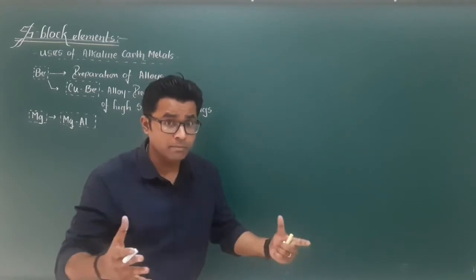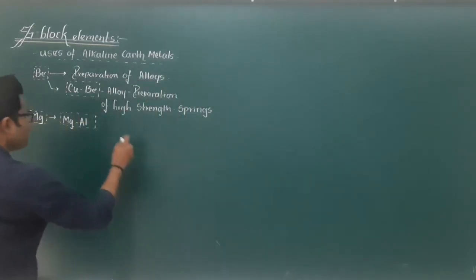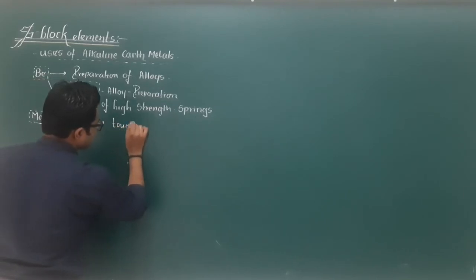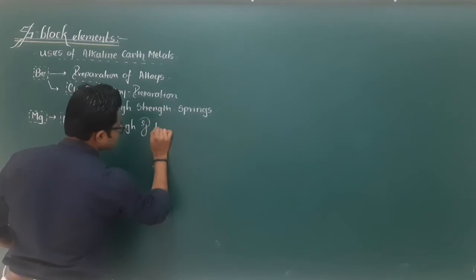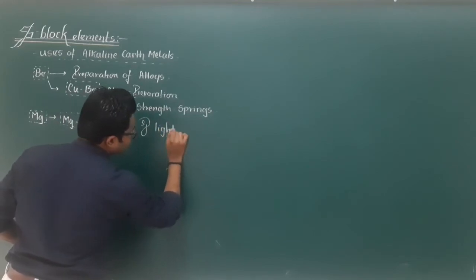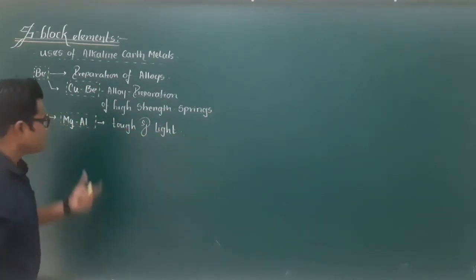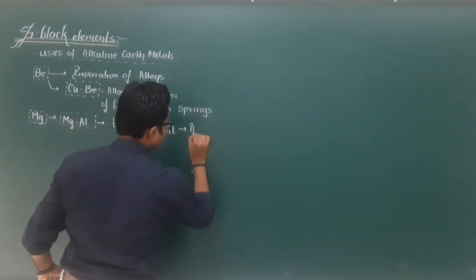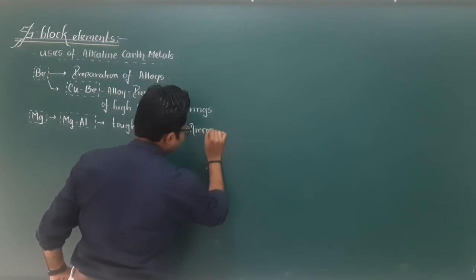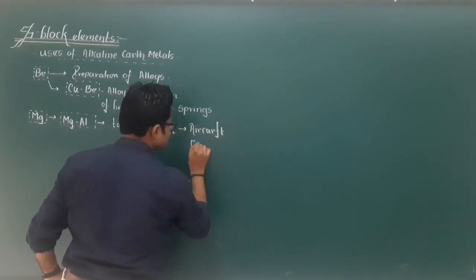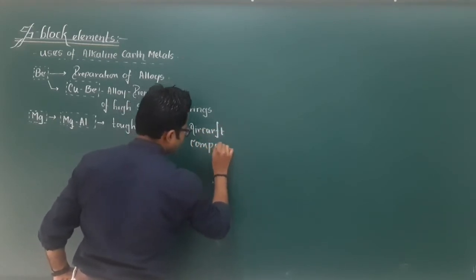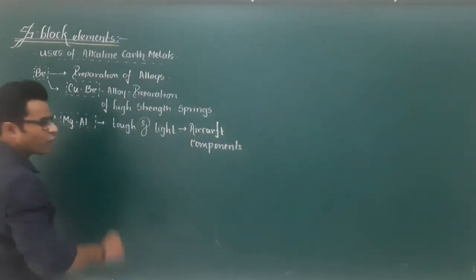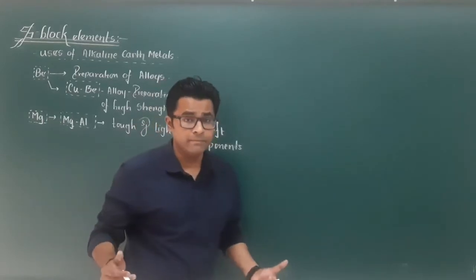Of course, it's strong but very light, and therefore, as it is tough, that is strong, and light in its nature, due to this particular property, they use this alloy in the preparation of aircraft components. So, it is a combination of magnesium with aluminium.